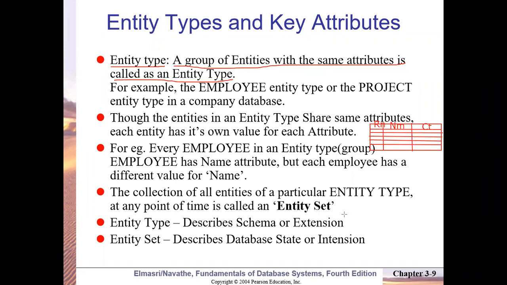So at any given point of time, the entities which are available are called an entity set. Fine. So entity type describes the schema. Schema means the structure, that is, which attributes are there. So entity type only gives the structure, it doesn't define the data in it. Whereas entity set describes the database state, or the data within it. Fine.